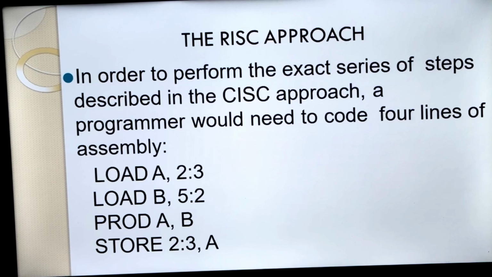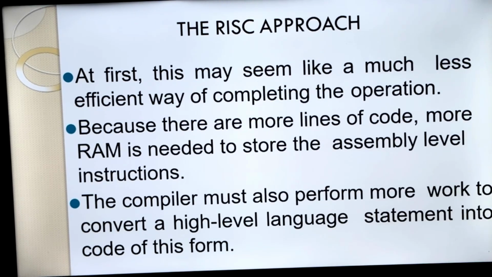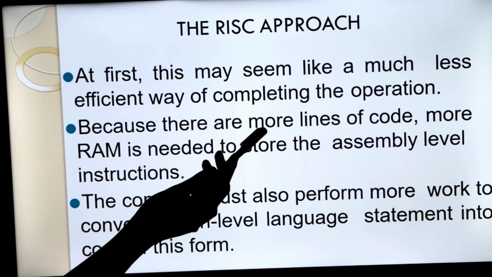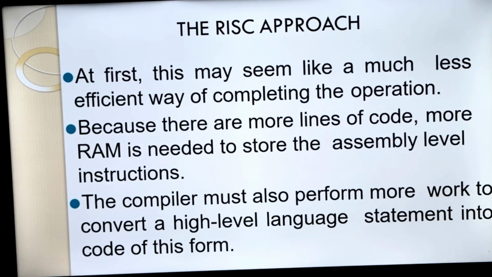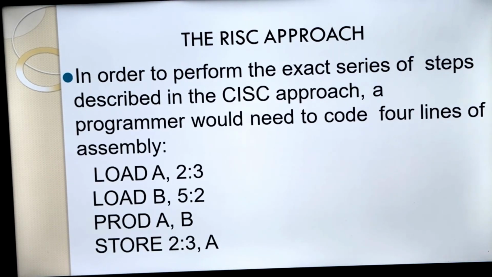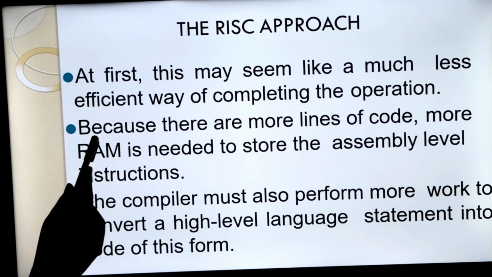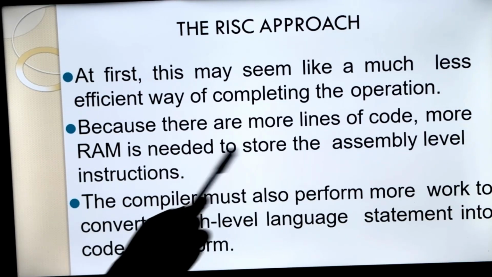That's clear? Fine. Now at first, it may seem like a much less efficient way of completing the operation, right? At first, it seems like this will take more time. This is not a feasible way to perform the operation. CISC is far better than RISC, right? It feels like that. But in reality, because there are more lines of code, more RAM is needed.